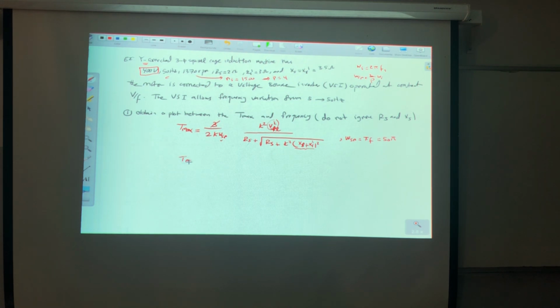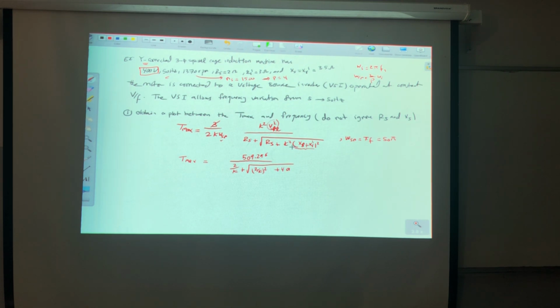Now Tmax, if I'm calculating, I will get 509.296 over 2 over k plus the square root of 2 over k squared plus 3.5 plus 3.5 squared, which is 49.